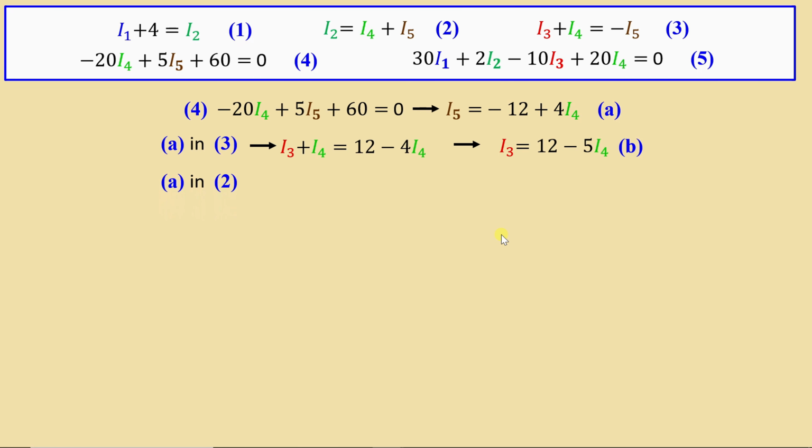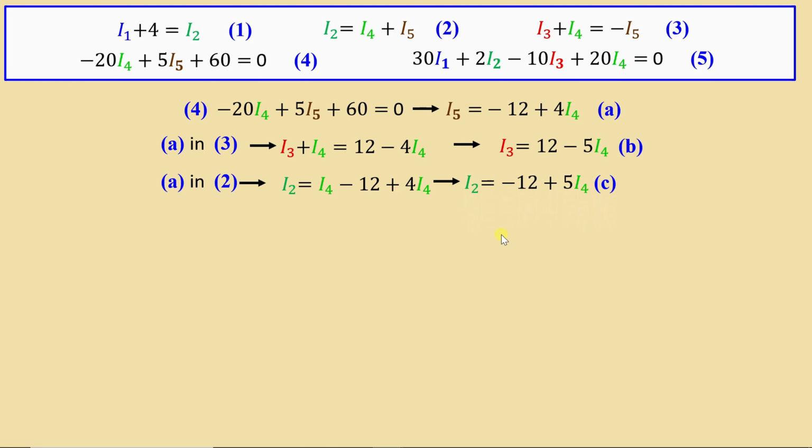Now by substituting A in 2, we obtain I2 is equal to I4 minus 12 plus 4 I4. Then we can write I2 in terms of I4.